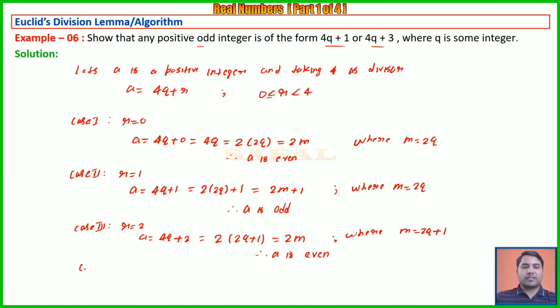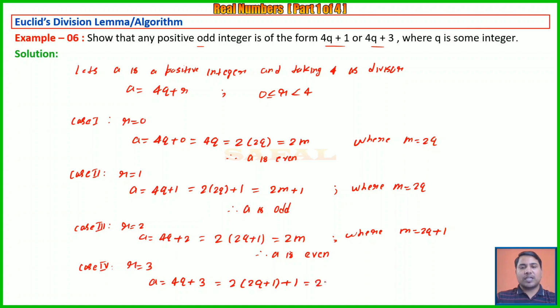Considering the fourth case, when r is 3. So when r is 3, A will be 4q plus 3. So maybe 2 I can take common, so 2(2q plus 1) plus 1.